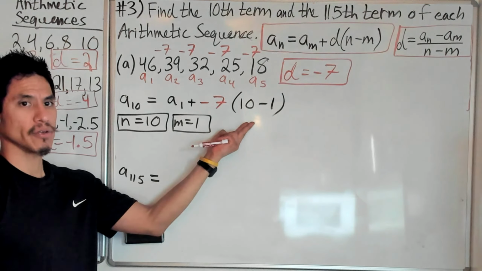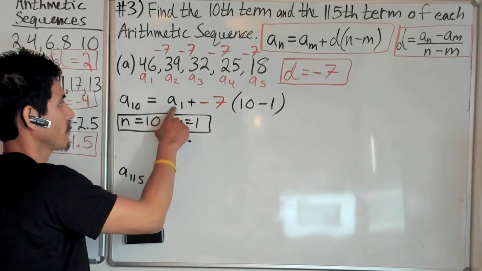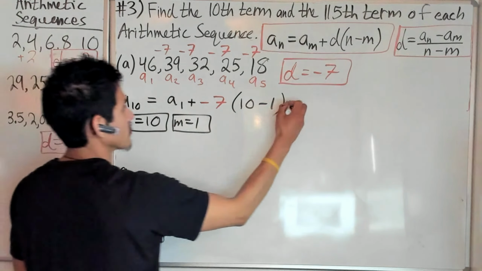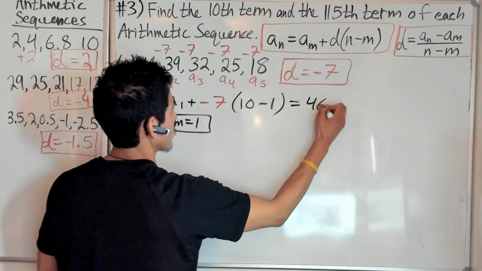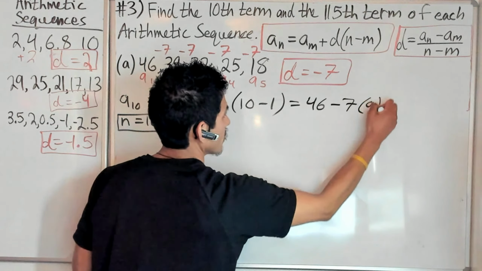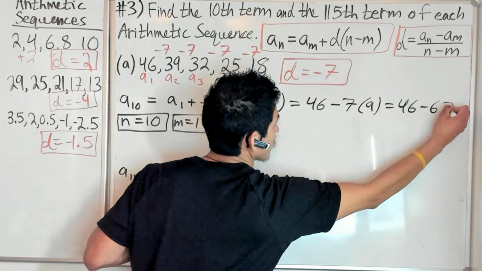From here, you can just solve. Let's rewrite this with A1 as 46, because that's what it is. So we set this equal to 46 minus 7 times 9. So 46 minus 63.